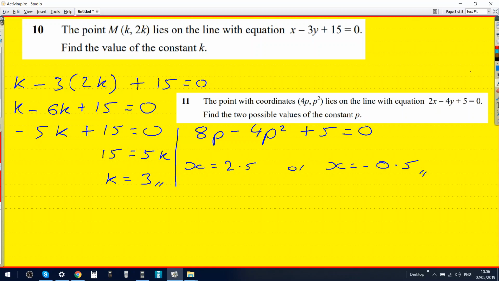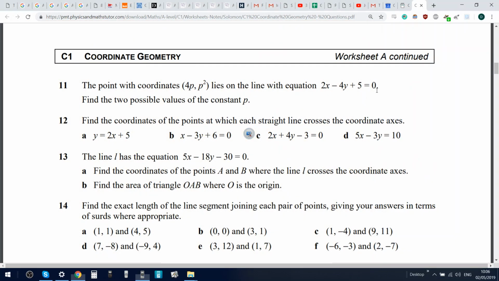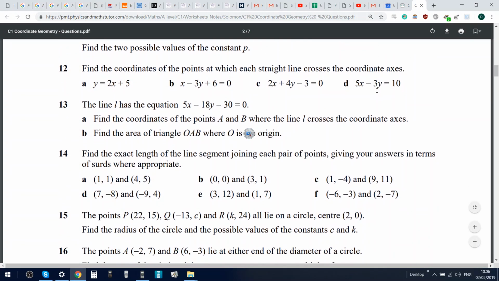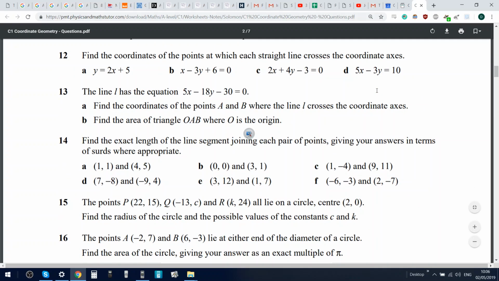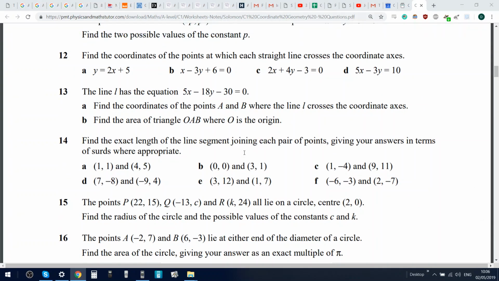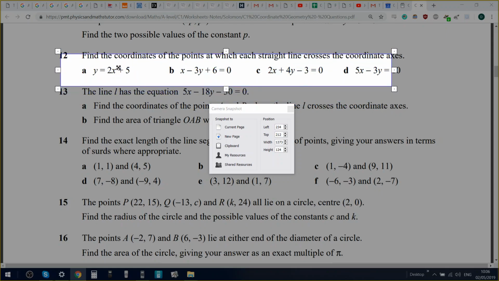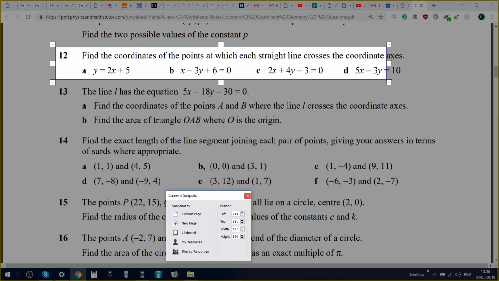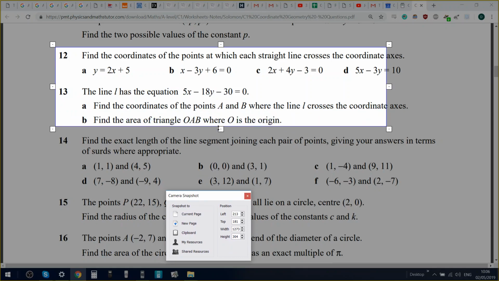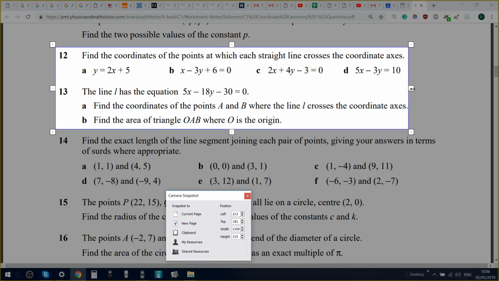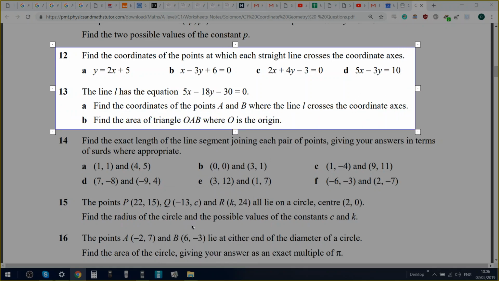Yeah. So just let the calculator do the work on that one. Okay, how about 12?